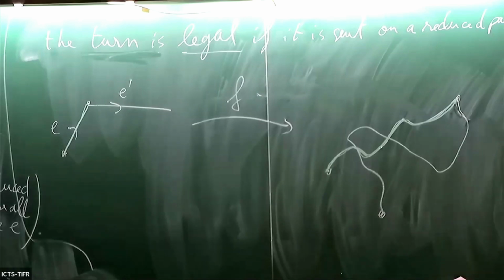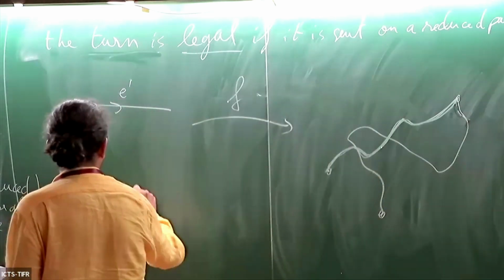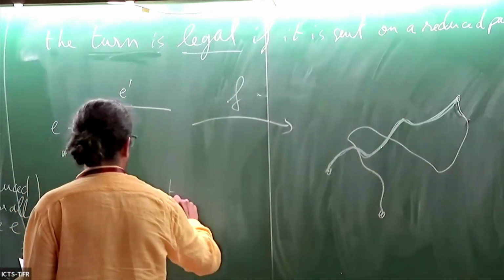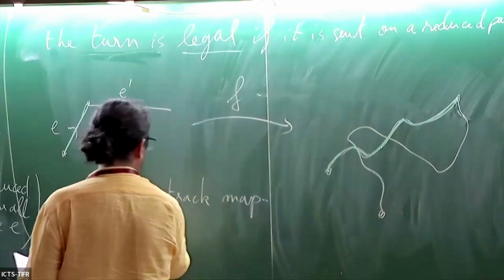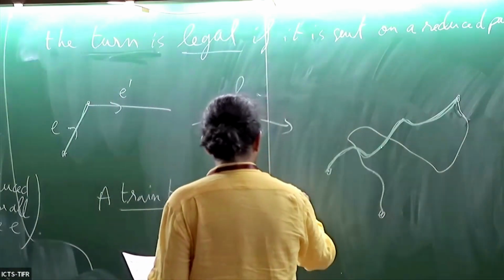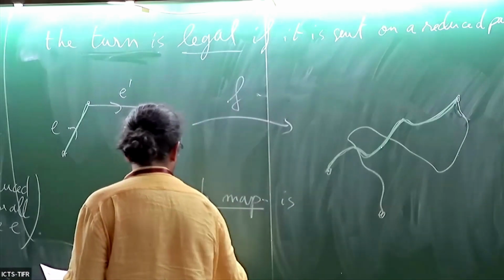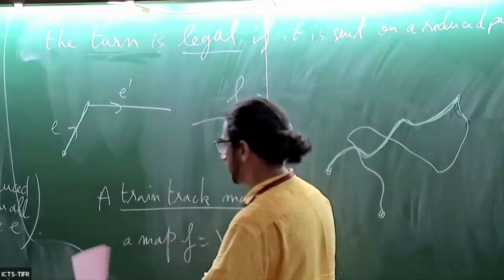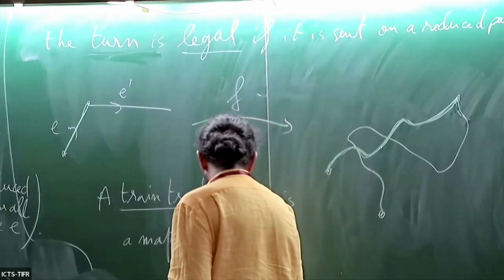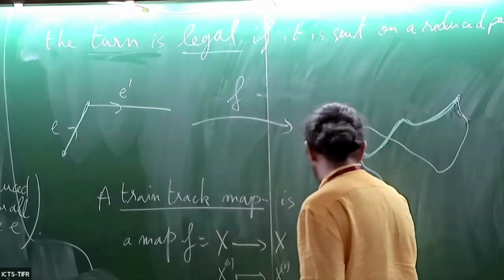And now, a train track map is a map sending vertices on vertices, reduced on edges.